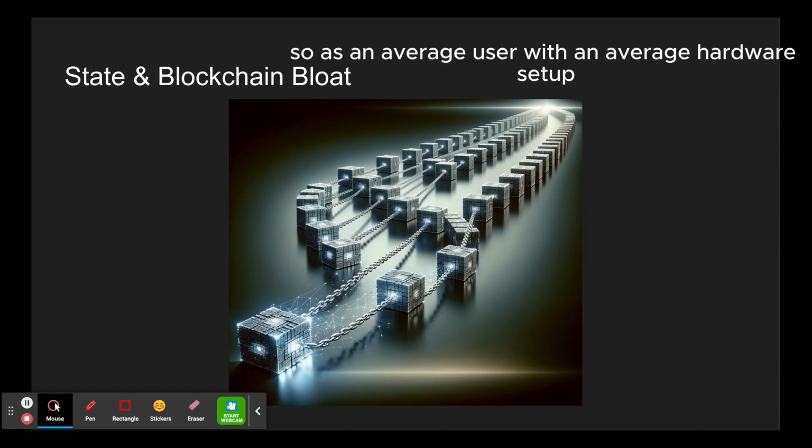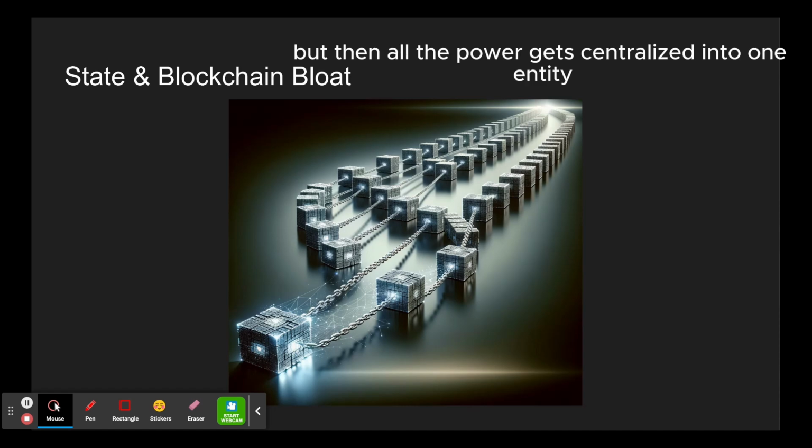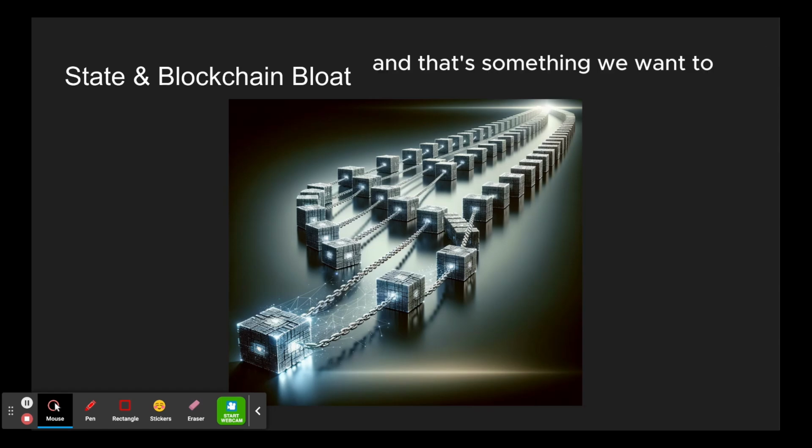So, as an average user with an average hardware setup, I will want to join a centralized farming pool, which is where users collectively combine resources to farm efficiently. Basically, this causes a pressure to centralize because I don't want to farm by myself. I want to farm with other people. But then all the power gets centralized into one entity. And that's something we want to avoid as a decentralized organization. And that is our thinking.